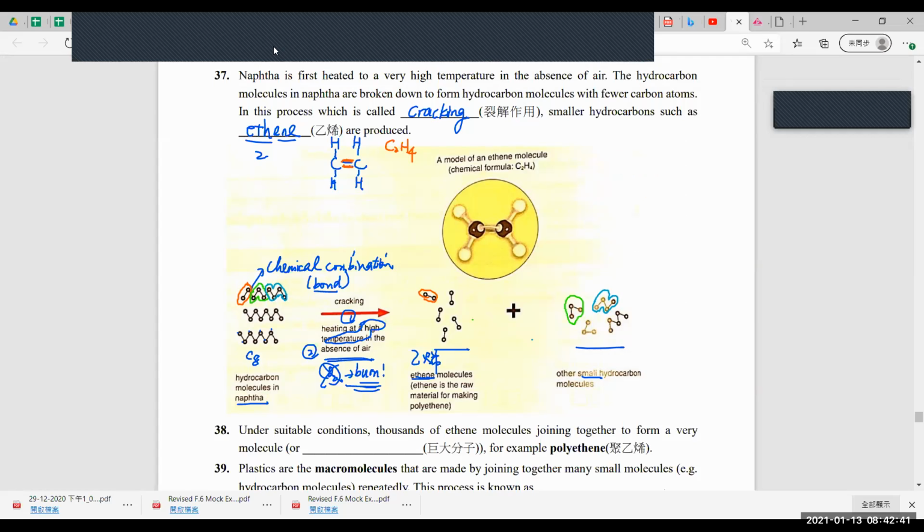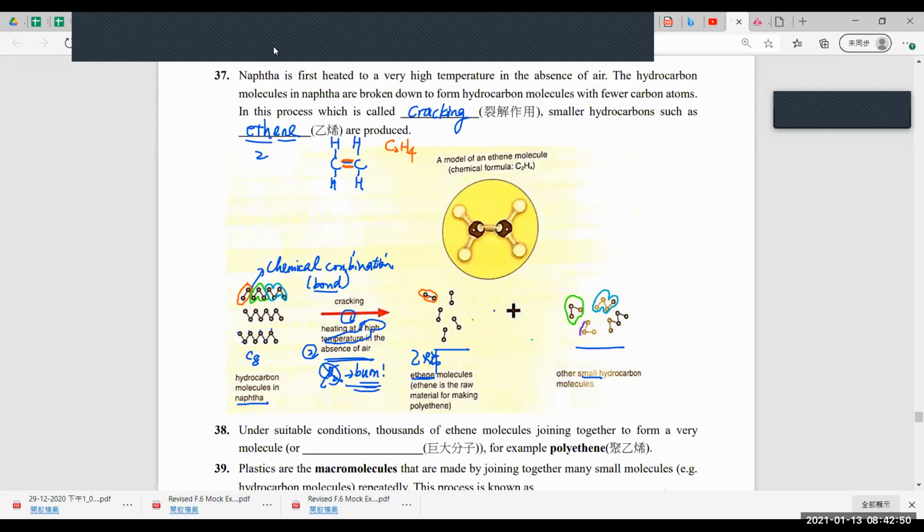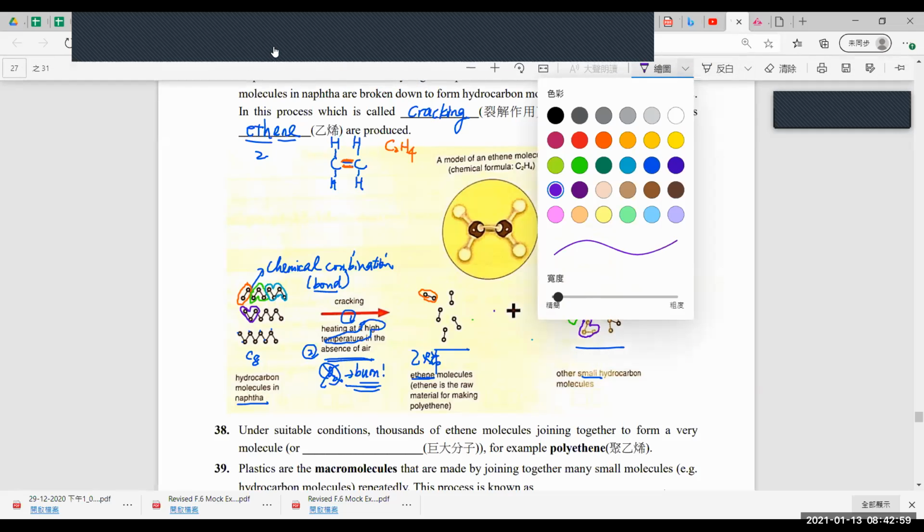Of course, this type of process, the chopping of those molecules, can be done at different places. For example, like this. Now I pick up another one, and also like this.